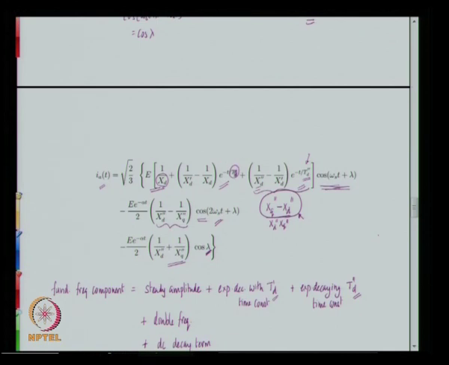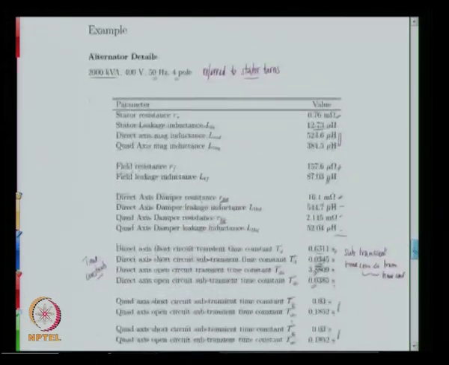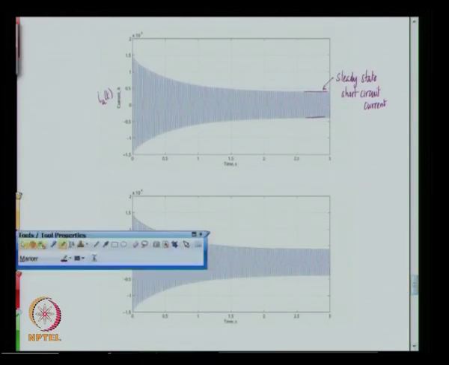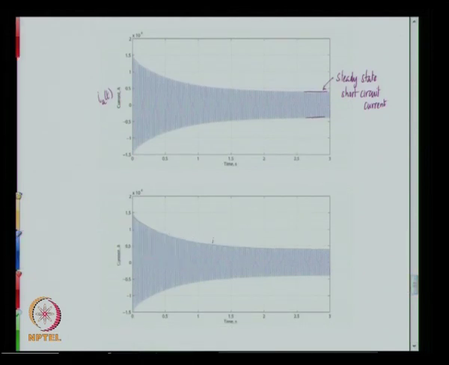If we draw this alone, this will form an exponentially decaying line which should form the envelope of this curve, and that is also shown by the green line. So the green envelope that is drawn here is the envelope as determined by the T dash D decay component that we have seen.